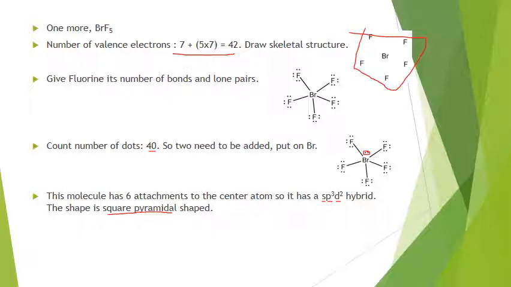And that shape is going to look like this, I believe. It's called square pyramidal, and so you have 4 of the fluorines in the corners of a square.